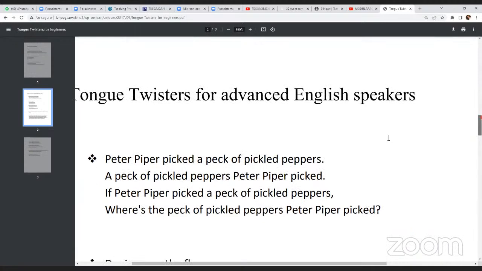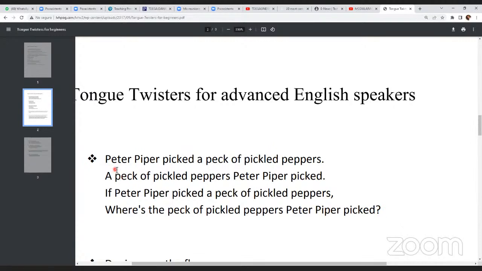We're going to do it only once. It says: Peter Piper picked a peck of pickled peppers. A peck of pickled peppers Peter Piper picked. If Peter Piper picked a peck of pickled peppers, where's the peck of pickled peppers Peter Piper picked? You are going to read at your own rhythm.